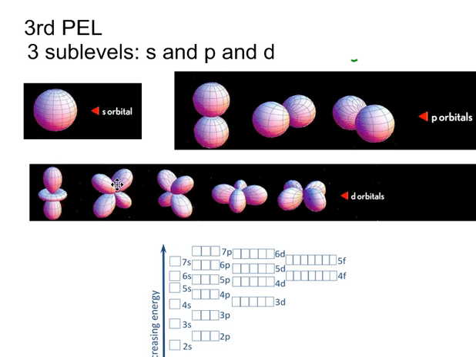Even though they look bigger, they can only hold 2 electrons for each one of these. So the d sublevel in total can hold up to 10 electrons. The p sublevel in total can hold up to 6 electrons. And the s sublevel, of course, can only hold a maximum of 2 electrons. Here we can see down here in our orbital diagram the 3s, the 3p, and the 3d sublevels. So those represent the orbitals of the third principal energy level.